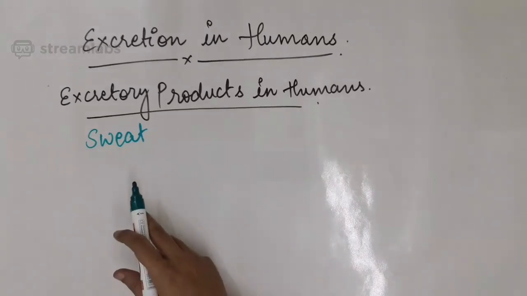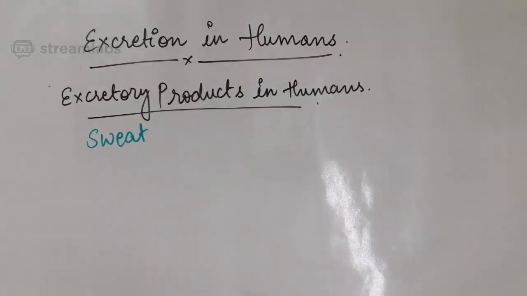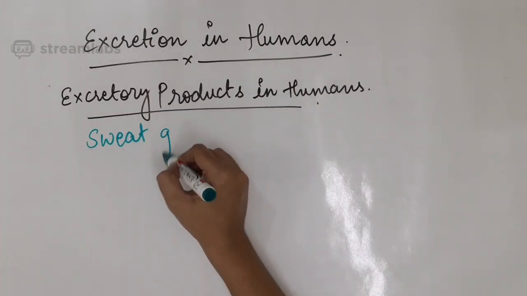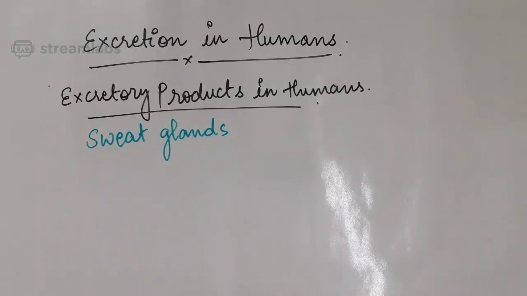Along with the sweat, as you know, the sweating comes from the sweat glands present all over the body, including our palm. Sweat glands are present in mainly all the parts of the body.